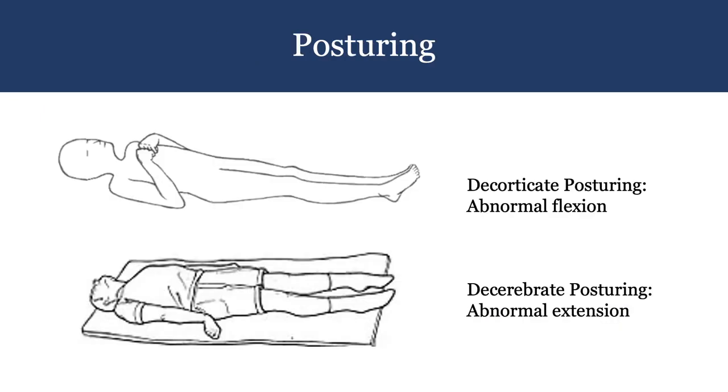So always look out for the posture that your patient exhibits. They could have abnormal flexion that points to a decorticate posture and abnormal extension that points to a decerebrate posture that you could use for calculating and doing your GCS.